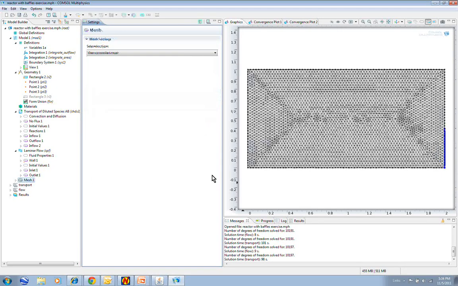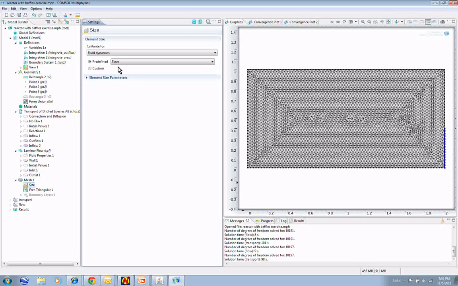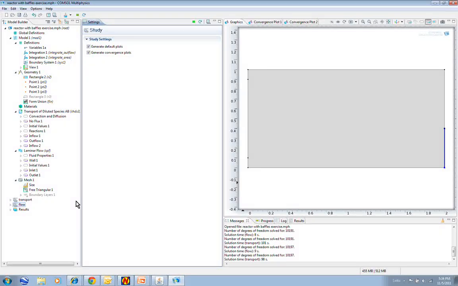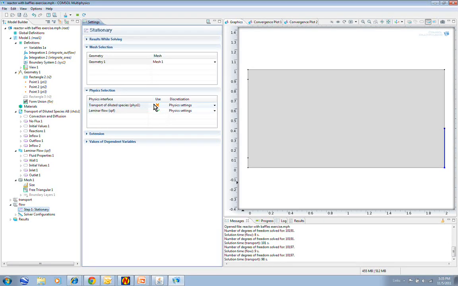So the mesh is pretty straightforward. Made it a finer mesh just using the default triangular mesh. So when we run this, the flow analysis is set up really the same way that the example was set up, and if we take a look here, we see that the laminar flow is checked.